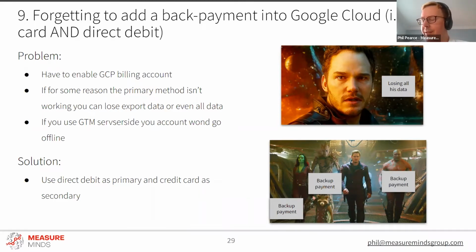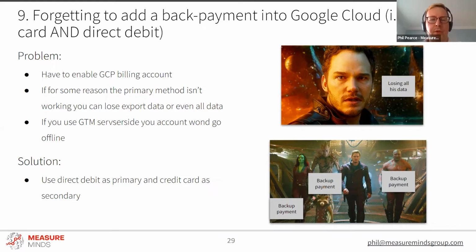Well, it's really important if you're using GTM Server-Side and your credit card for whatever reason gets blocked, because potentially that can knock out GTM Server-Side and stop any tracking pixels being collected, be it GTM Server-Side going into GA4 or anything in there.